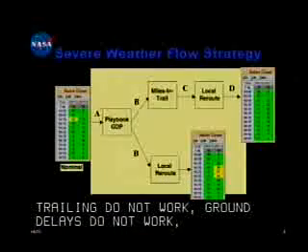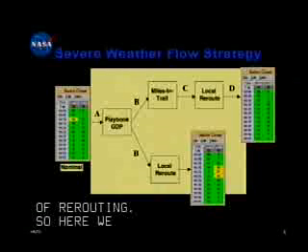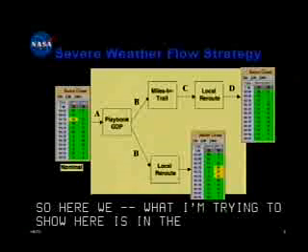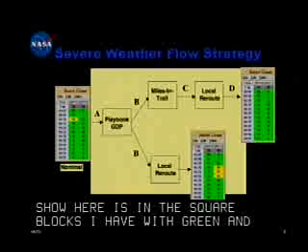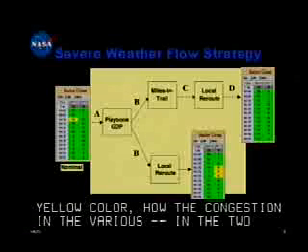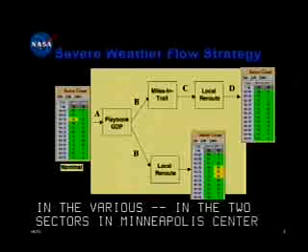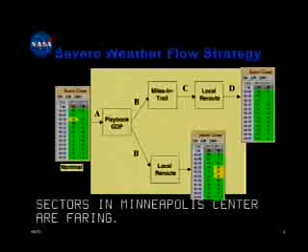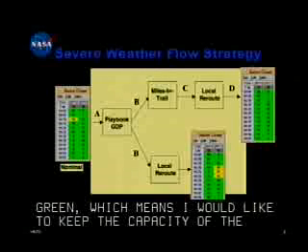So here, what I'm trying to show is, in the square blocks with the green and yellow color, how the congestion in the two sectors in Minneapolis center is faring. I would like to see them all green, which means that I would like to keep the capacity of the sectors below the safe region.